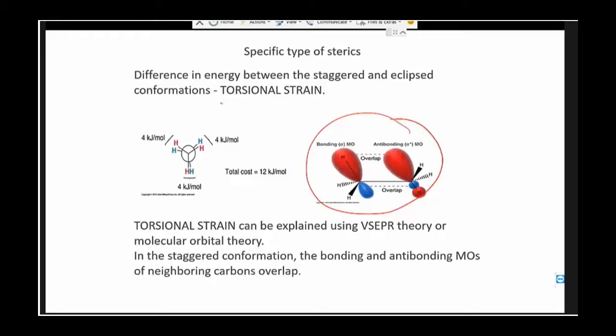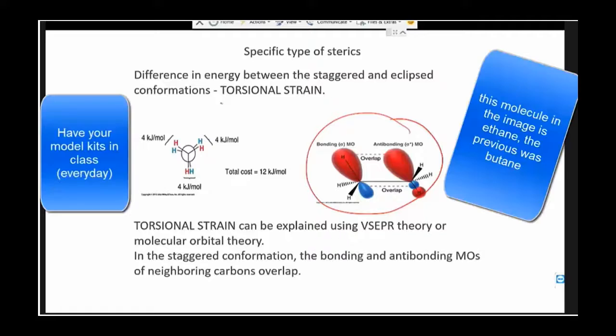And sterics is just a way of saying that your electron orbitals are actually too close to each other, and that's a problem. Now, with having your molecule in the eclipsed form, you're going to have your two bonding molecular orbitals overlapping on top of each other. So remember, each of these bonds represents electrons coming together to form bonds. So you get these bonding molecular orbitals. When they're on top of each other, that's not good.